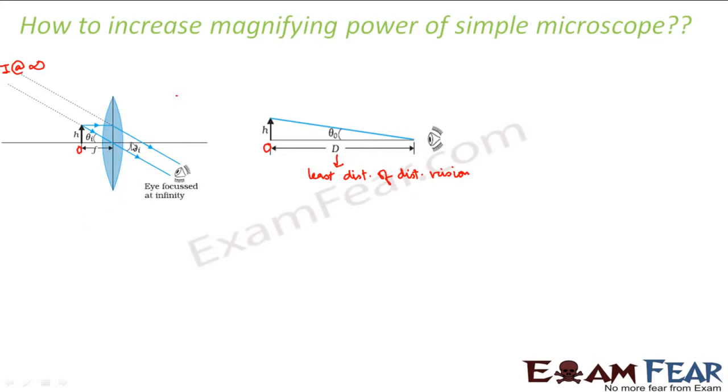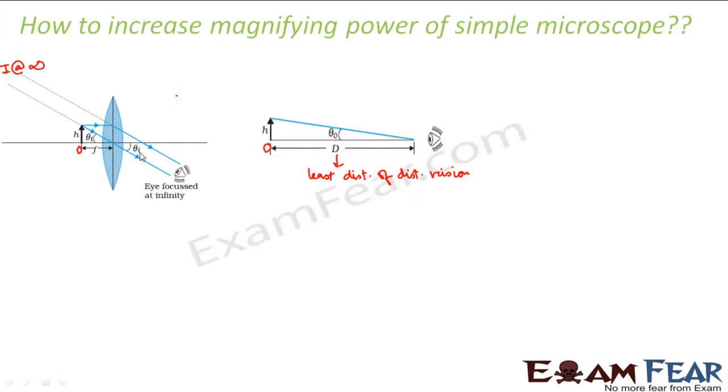So now let us calculate the magnification in the case when the object is situated at the focus and the image is formed at infinity. In this case, the angle subtended on the eye is theta.